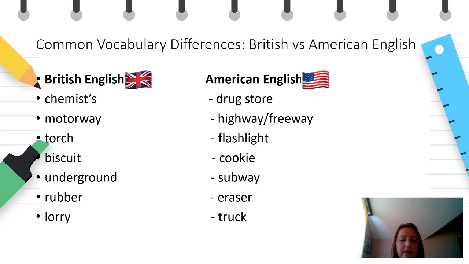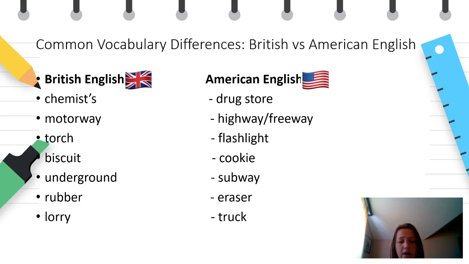Biscuits are flat cakes, usually dry and sweet. Cookie is a different word for the same thing as biscuit. For example, this restaurant serves coffee with biscuit or with cookie. Underground is a British English word, and subway is an American English word.